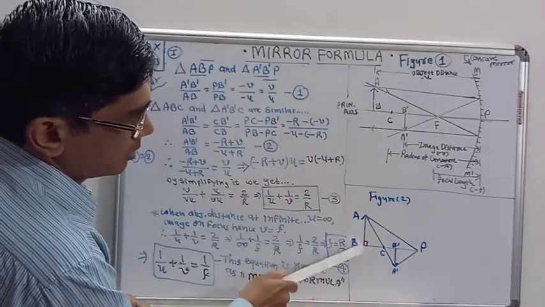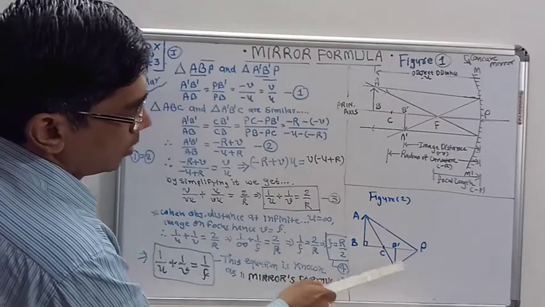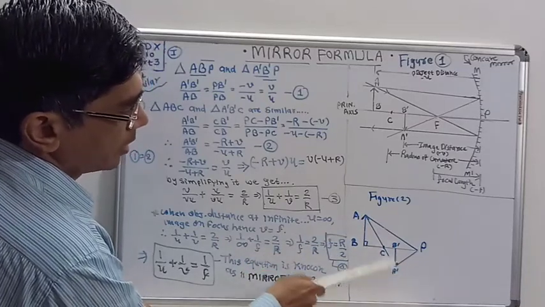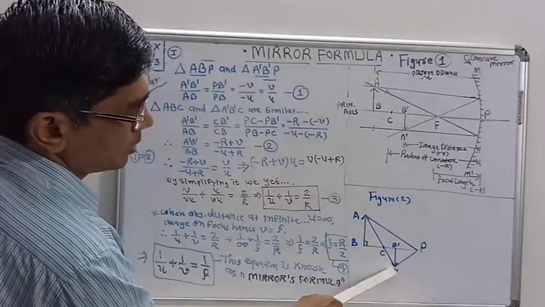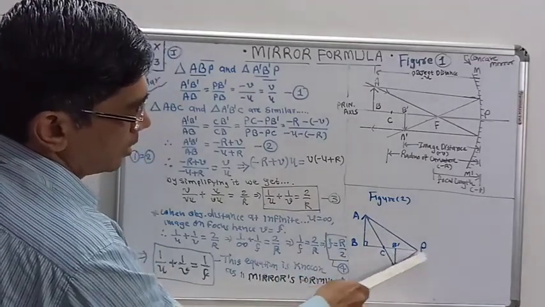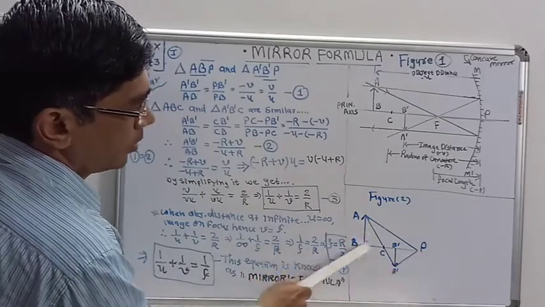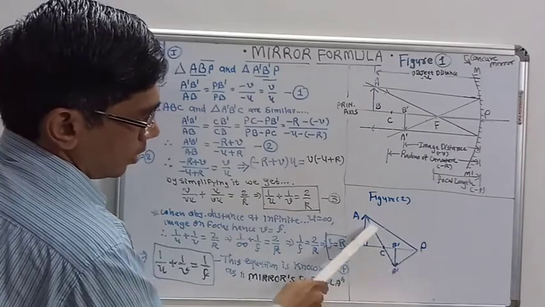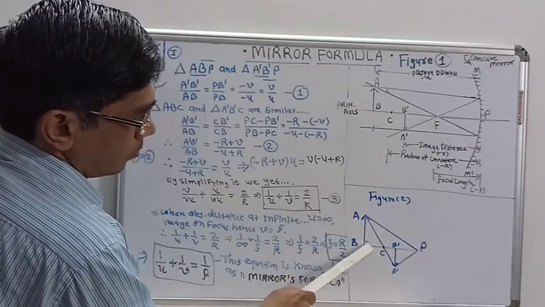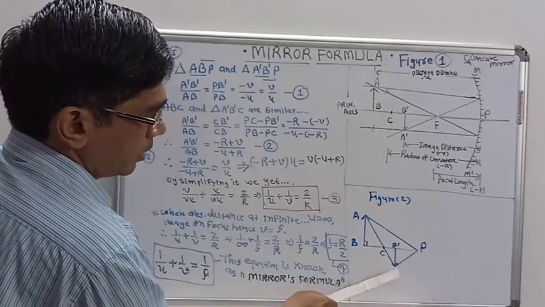Here AB is the object height, A dash B dash is the image height, the first ray is AP and this is PA dash. Here we get PB dash and PB. So we get two triangles: triangle ABP and another triangle, PB dash A dash.